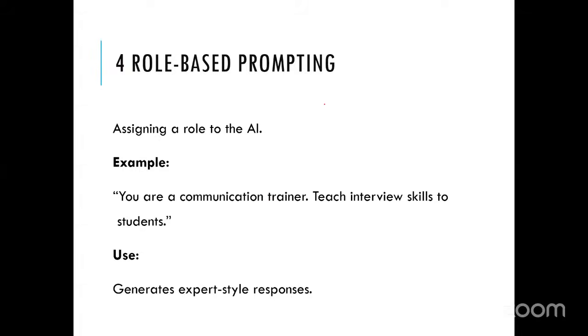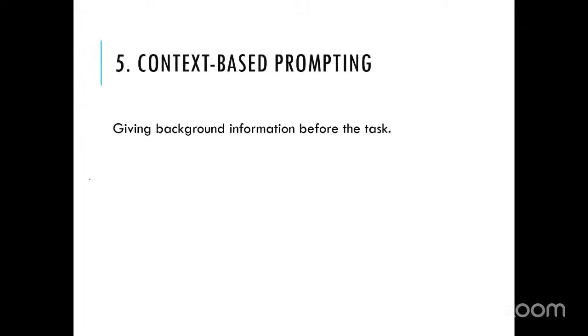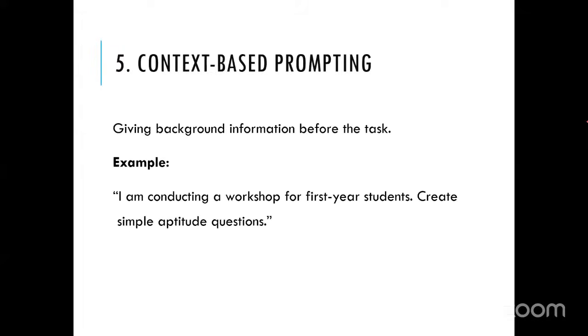Let me just go for next. So next one is context-based prompting. So we already know about it. If it is context-based, you are going to give the background information before the task. So here I am conducting a workshop for first year students.